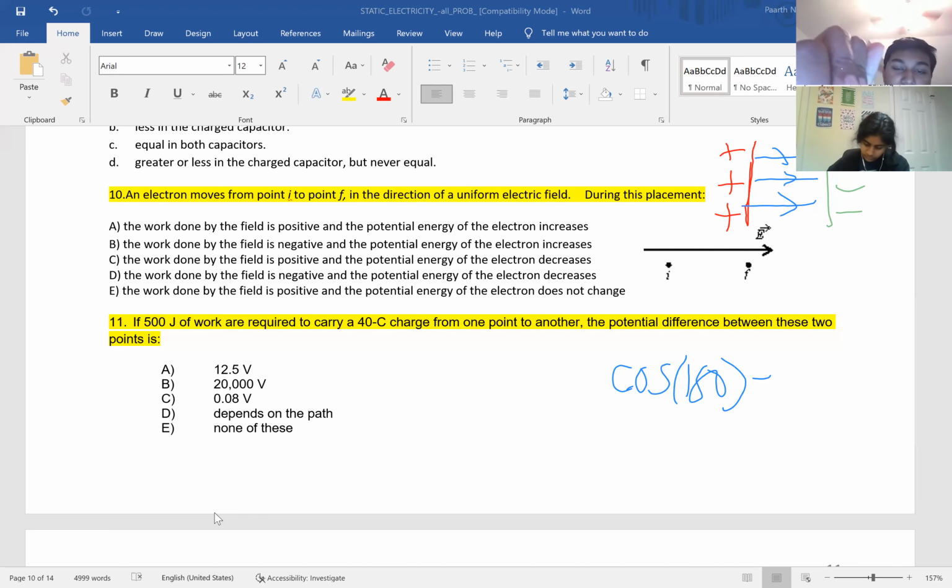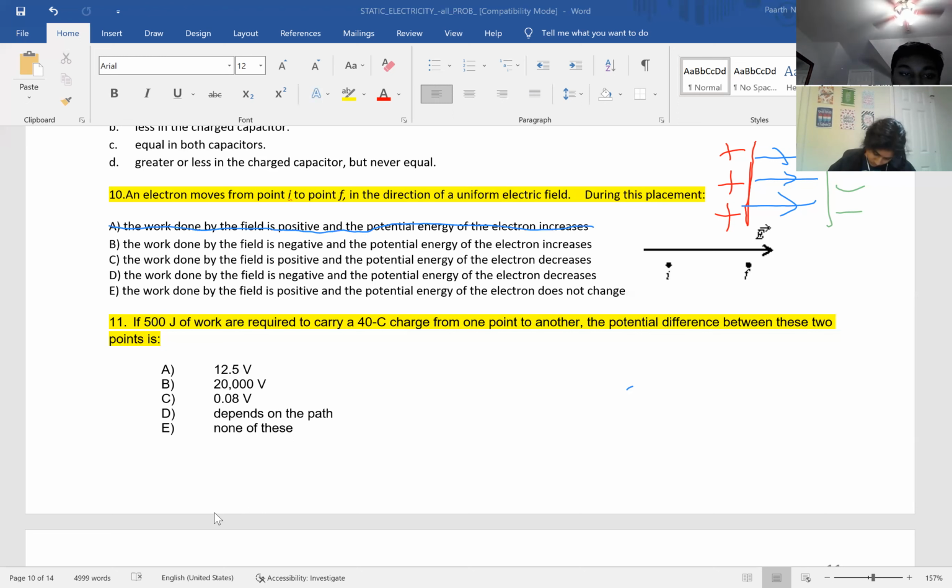Or you could simply identify that since the electric force and the displacement are in opposite directions, the work done is going to be negative. So let's get rid of the ones that say positive. That's A, and C, and E.